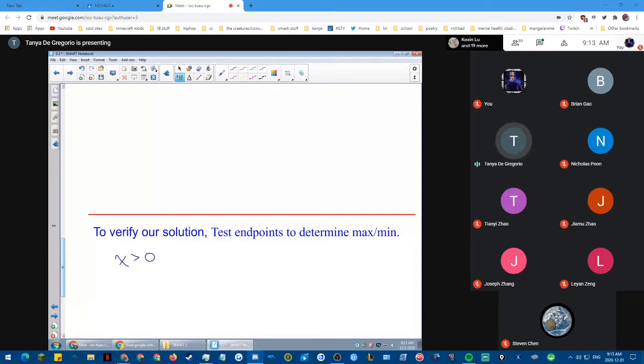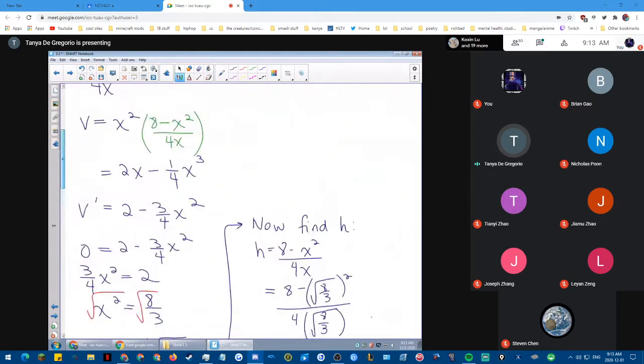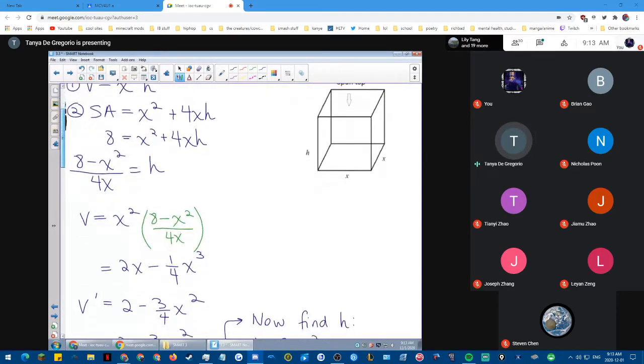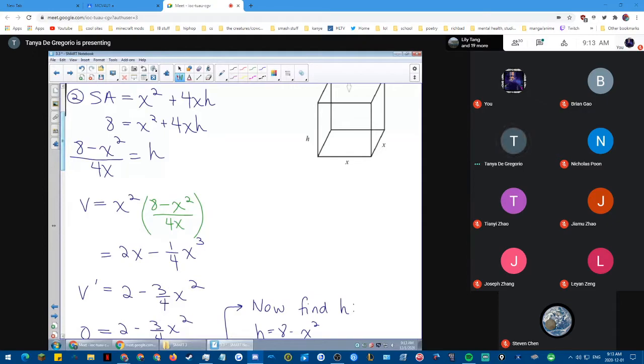To find my other restriction, I have to go to my other formula. So, if my other dimension is 0, then what will my x equal? That's what you want to find.